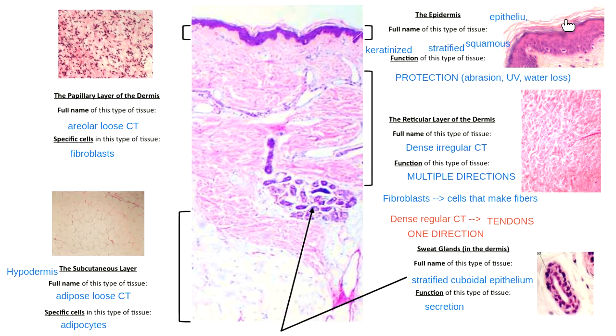A couple of people mentioned in the chat too, when we're looking at the pictures of keratinized versus non-keratinized, that non-keratinized tissue almost kind of looks thinner, or it looks shorter, if you will. There's not as many layers of cells. So that might be a good way to think of it too. But we will look at some pictures today. I'll show you non-keratinized versus keratinized. The biggest difference for me, the way I identify it, is whether or not things are falling off. If they're falling off, we're keratinized. If they're not falling off, we're non-keratinized.